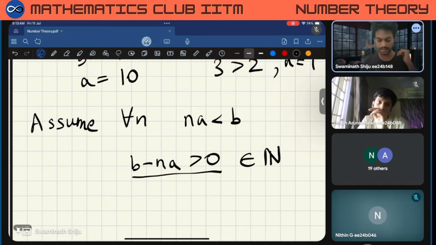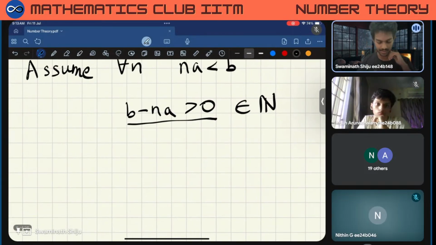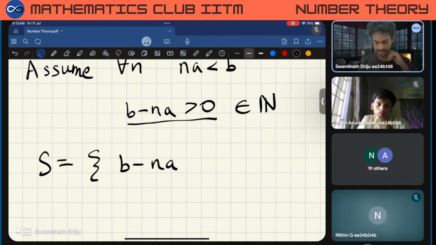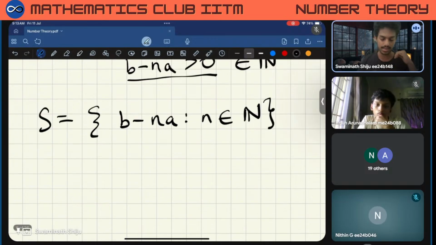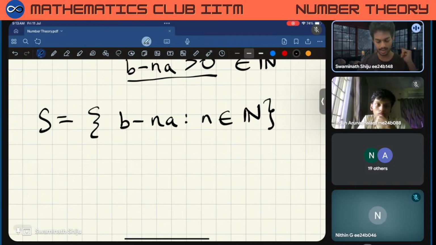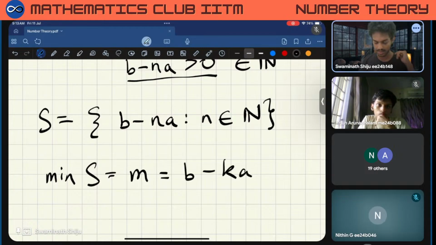So that means we can make a set S, b minus na, n belongs to N. And since this is for all integers, the set is obviously non-empty. We can consider the least element in this set, say min S equal to m, which is equal to b minus ka for some k belongs to N.